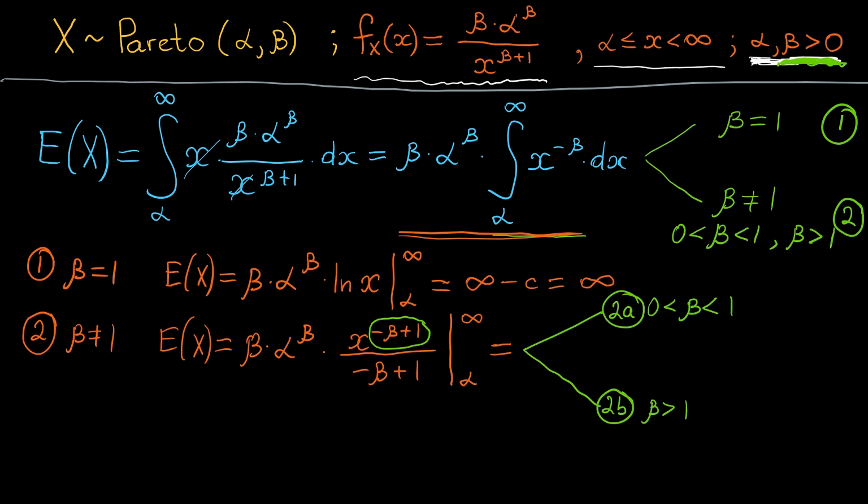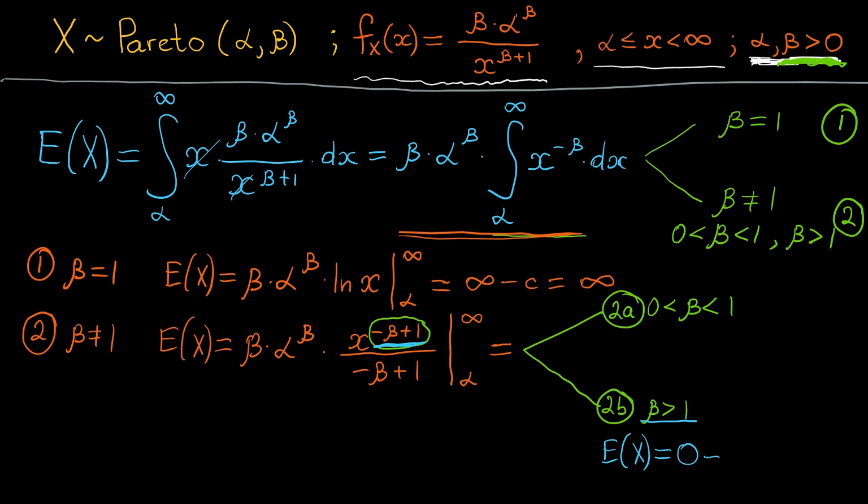Let's do the case 2b first. So when beta is greater than 1, this exponent here, minus beta plus 1, will be negative. And so then as x goes to infinity, it'll be raised to a negative power, and then we're going to get 0 in that case. Okay, so as x goes to infinity, we get 0.